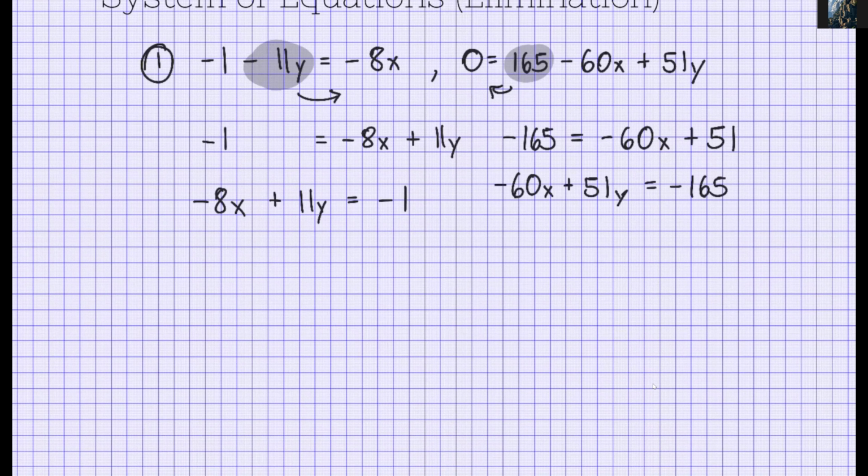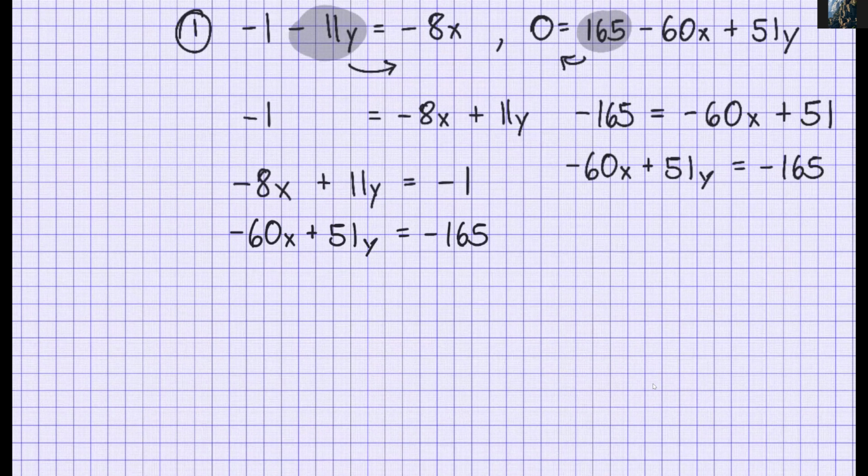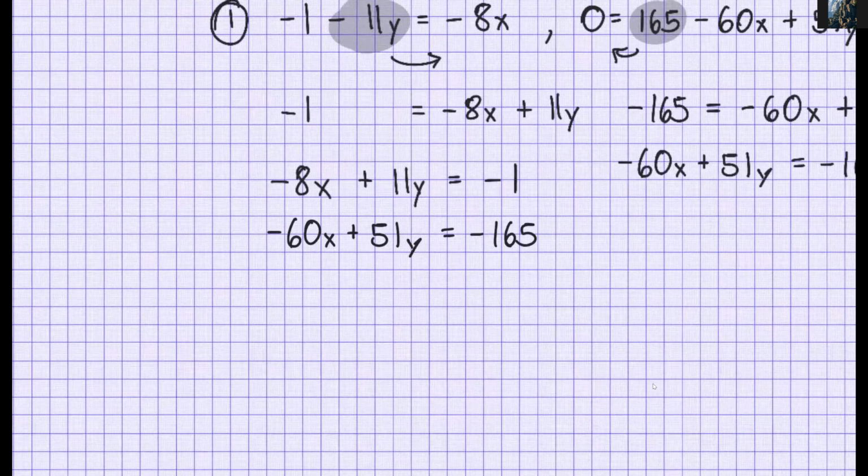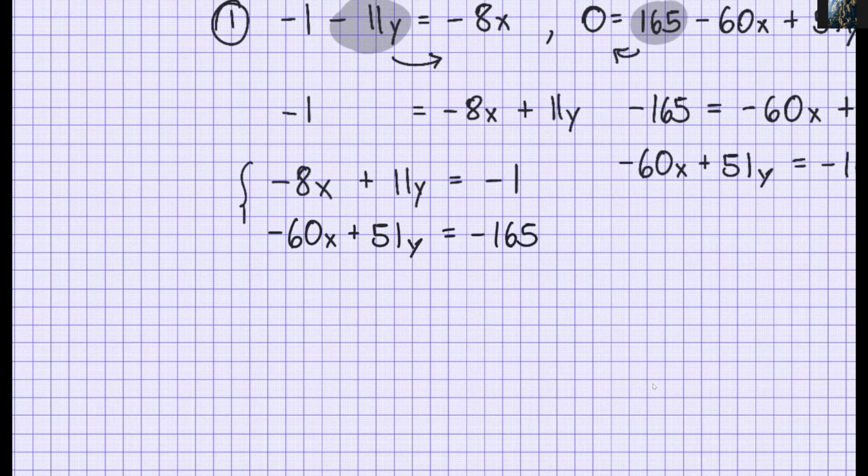So I'm going to take this equation right here, and I am going to put it down here. Now, my objective is to add these two equations in such a way that one of the variables will be eliminated.